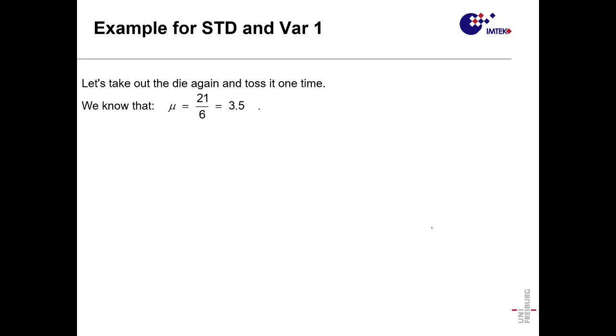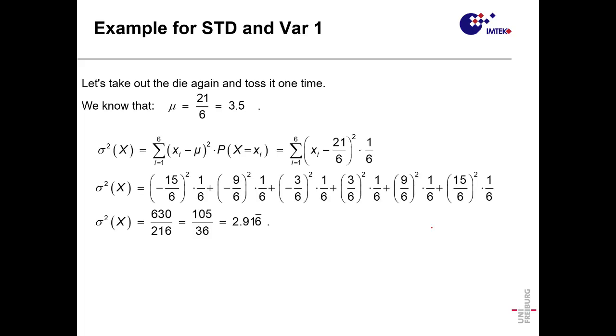So, examples as always. You remember that if you toss the die, we said the expected value was 3.5, which was not actually a realization. Then let's calculate the variance of throwing the die one time. You will have our die as always, with 1 and 6, 2 and 5, 3 and 4 on opposite sides, and so on.